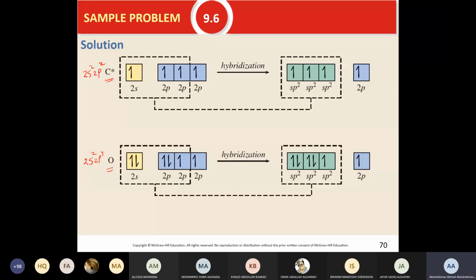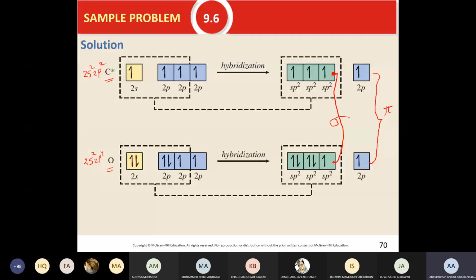Now this orbital will interact with this orbital to make what type of bond? Pi, the pi bond. And this orbital will mix with one of these orbitals to make what type of bond? Sigma. These cannot make any bond. The others will come from hydrogen.